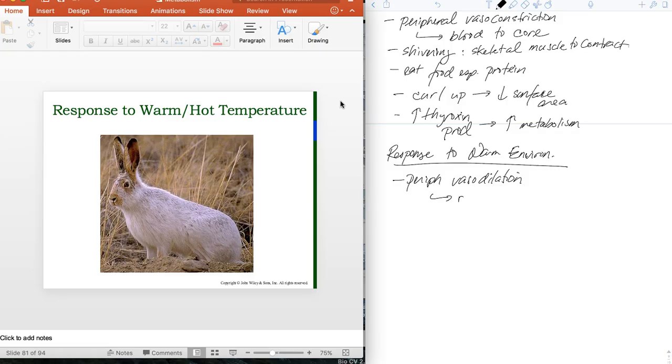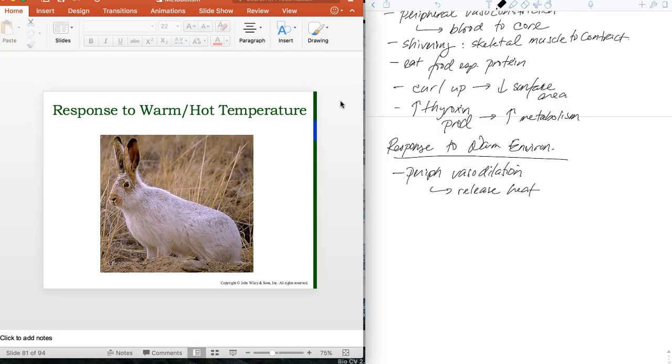So this is going to release heat when that happens. Instead of shivering, the person will sweat. That is evaporative cooling.